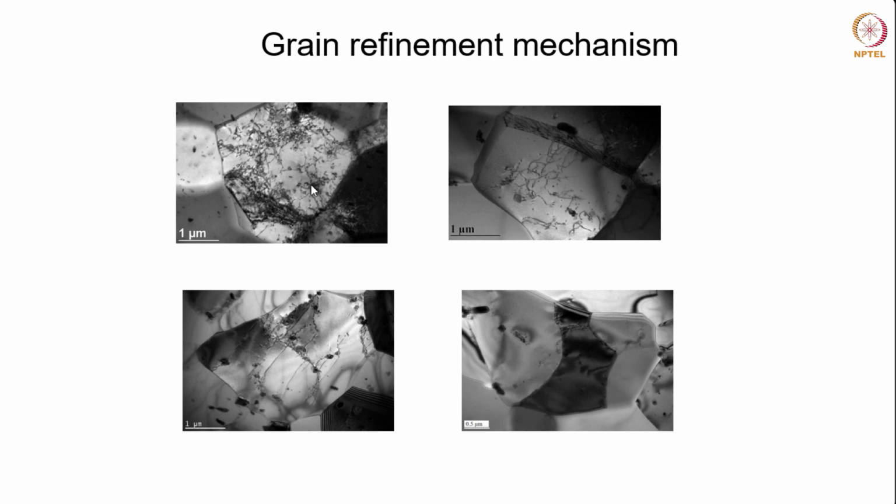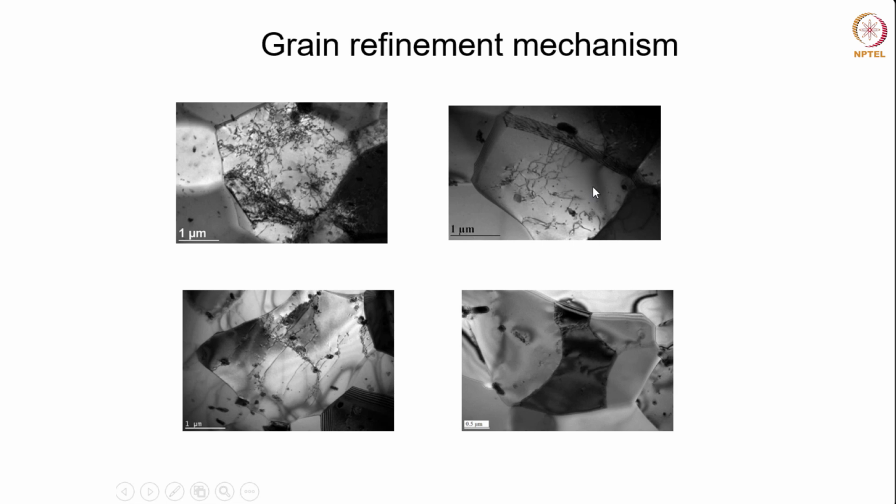If you have built up this kind of dislocation structures inside the grains, then you can expect DDRX to occur. On the other hand, if you have a material where cross slip is prevalent, that means a material with a high stacking fault energy, then you may not have this kind of free dislocation build up inside the grains, because now the dislocations can cross slip and arrange themselves into low energy configurations.